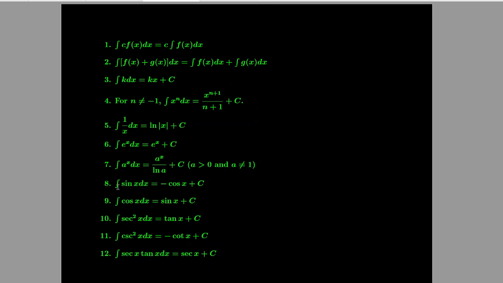Now you look at item number 8. In item number 8, in order to evaluate the indefinite integral of sine of x, you need a particular antiderivative of sine of x, right? So you think which function has the derivative of sine of x? It's negative cos of x. It's not cos of x.